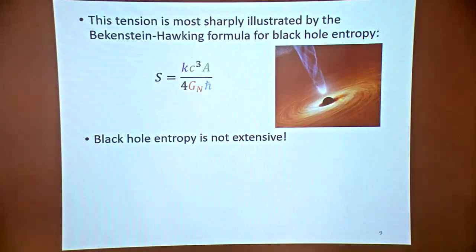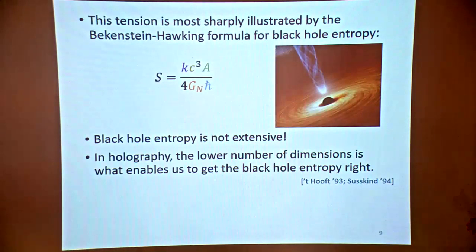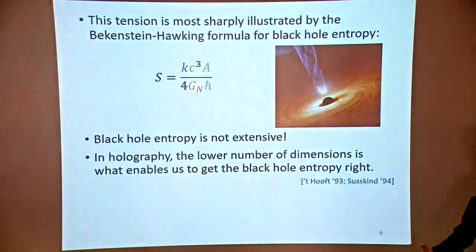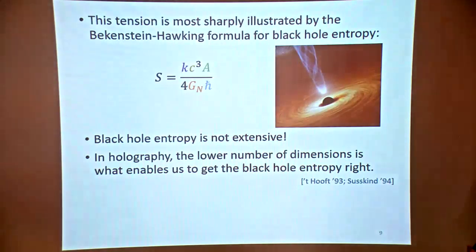So in holography, we have a lower dimensional microscopic description that describes higher dimensional gravitational physics. The lower number of dimensions in the microscopic description is what enables us to get the right black hole entropy.